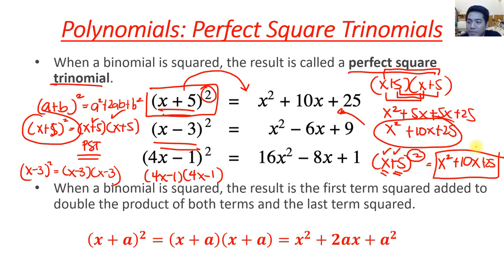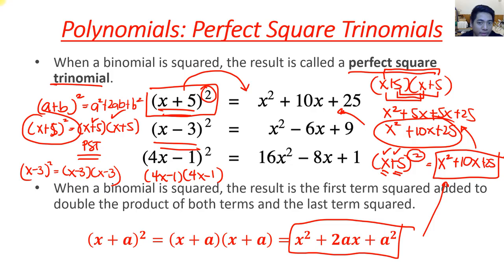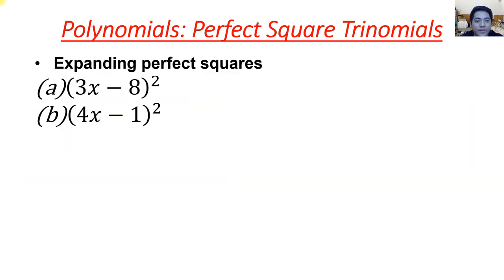So that will be the answer. Still the same. Alright? And hence we got this formula here. That is the same formula that I use in order to get mentally the result for a binomial that is squared.